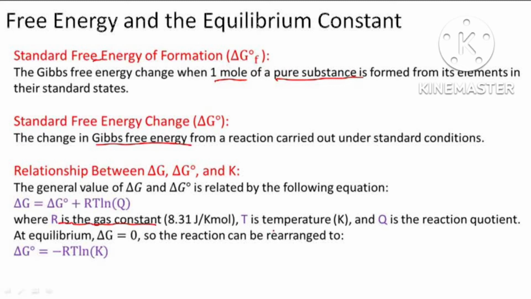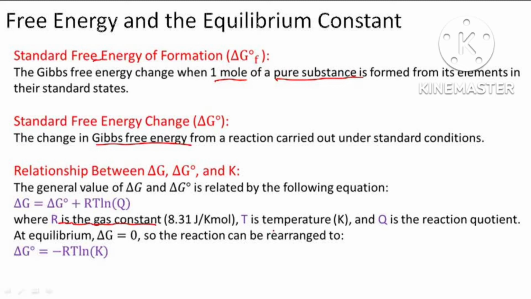Then in that case, delta G is likely to be large and negative, because delta H is negative and the enthalpy change is large.